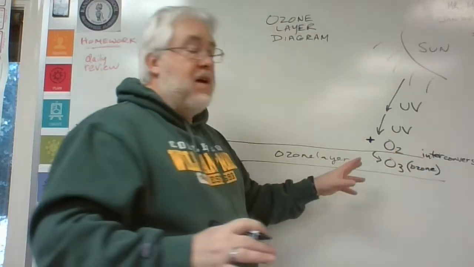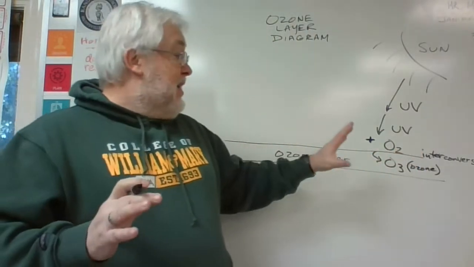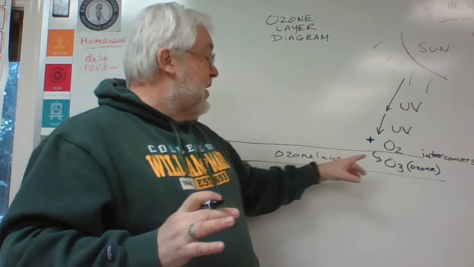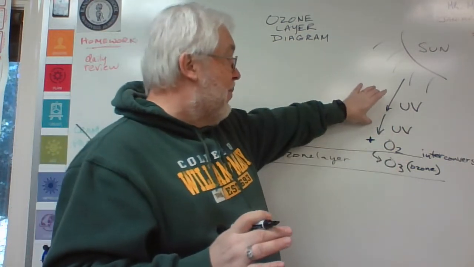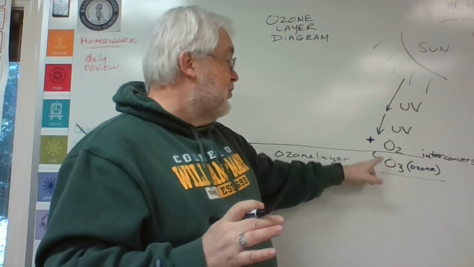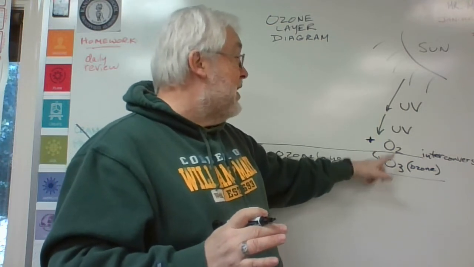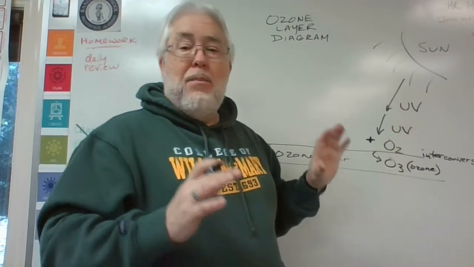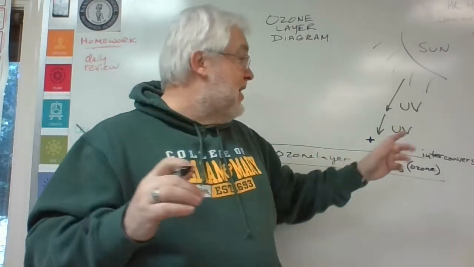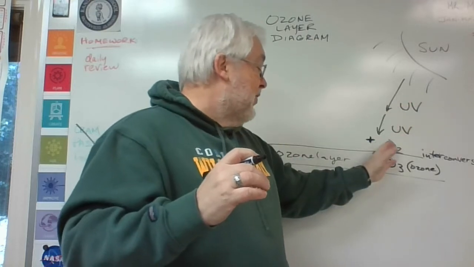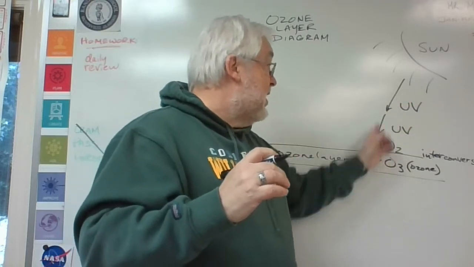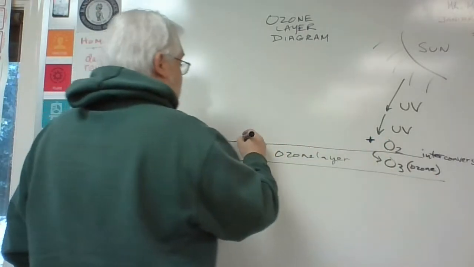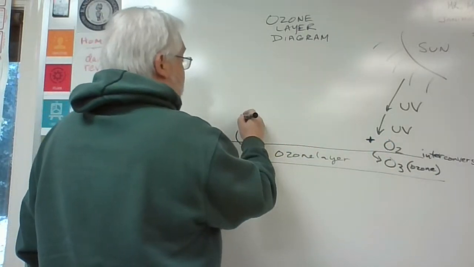Now, the amazing thing about this is that the ozone that's produced here is produced by ultraviolet interacting with O2 to produce O3, and then the O3 actually absorbs or blocks the ultraviolet. Pretty amazing idea. Ultraviolet interacts with O2 to produce O3, which then blocks most of the ultraviolet that comes into the atmosphere. So we'll label that as such.